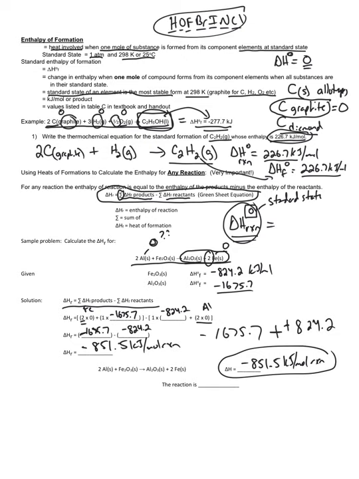It's a very important tool to figure out the enthalpy, the heat of any thermochemical equation. Because the value is negative, is this an exothermic reaction or endothermic? This reaction is largely exothermic. It has a huge negative value on it.